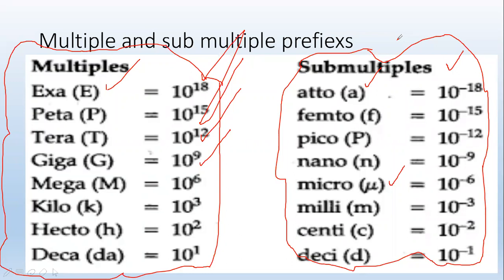If the power is positive, it is called a multiple prefix. If the power is negative, it is called a submultiple prefix. So atto, femto, pico, nano, micro, milli, centi, deci are submultiple. The submultiple prefixes have a negative power and decrease the number.